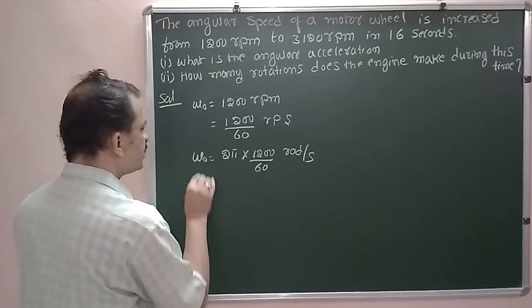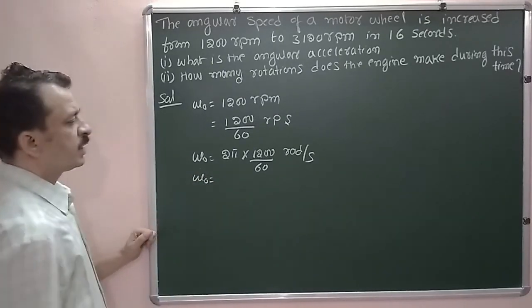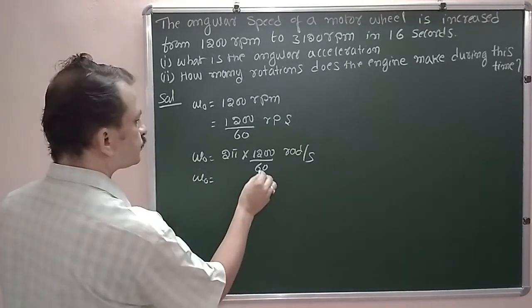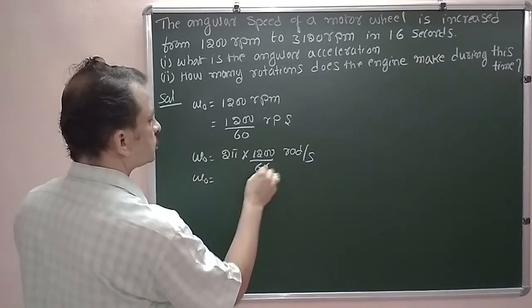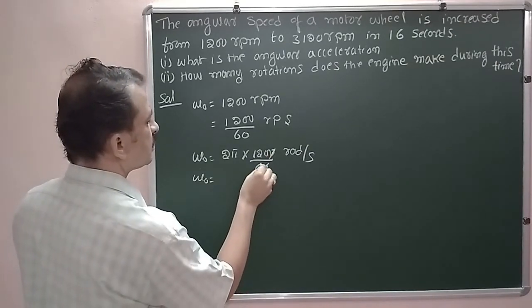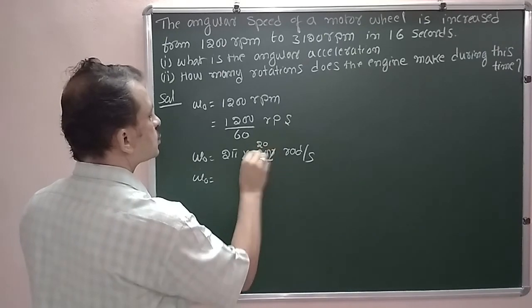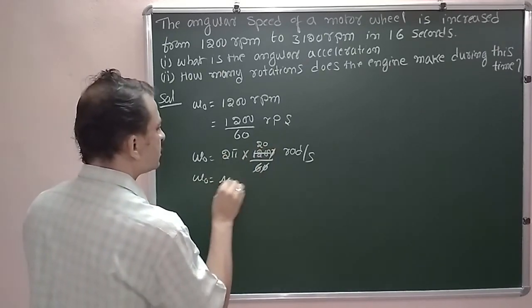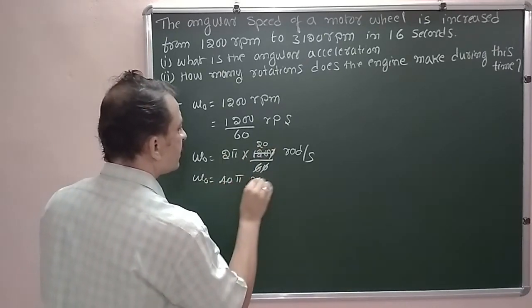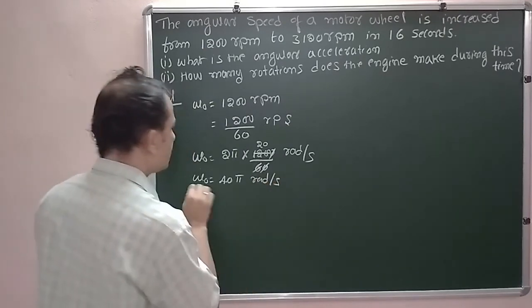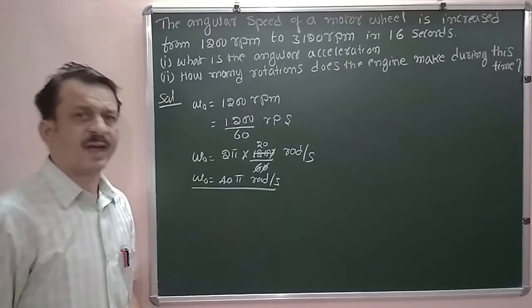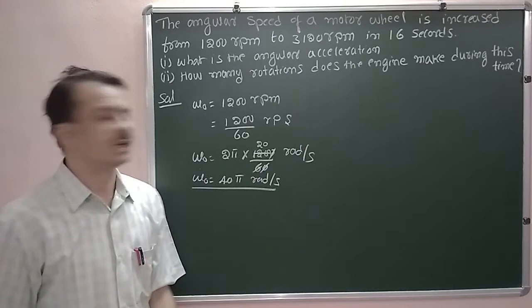So therefore the initial angular velocity becomes 40 pi radian per second. It is the initial angular velocity of that motor wheel.